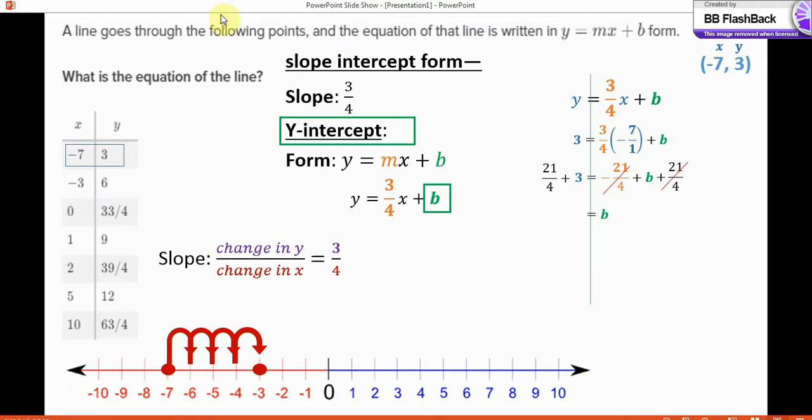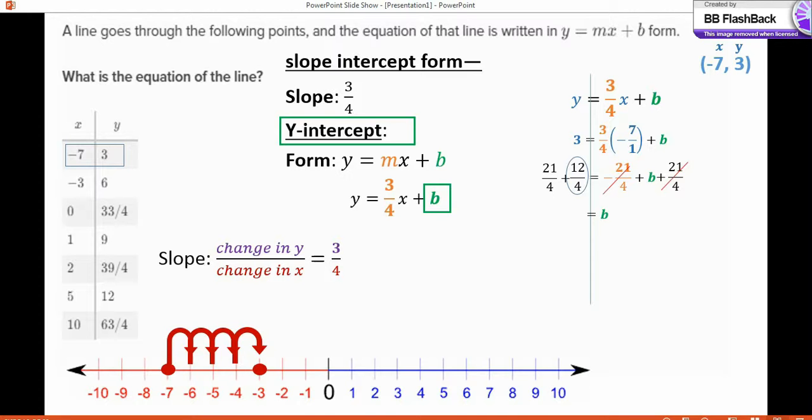Over on this side of my equation, I'm going to notice that I cannot add 3 with 21 over 4 right now because they don't have common denominators. So I'm going to rewrite 3 so that it is still 3, but with a denominator of 4. To do that, it needs to be 12 over 4. 12 over 4 is equivalent to 3.